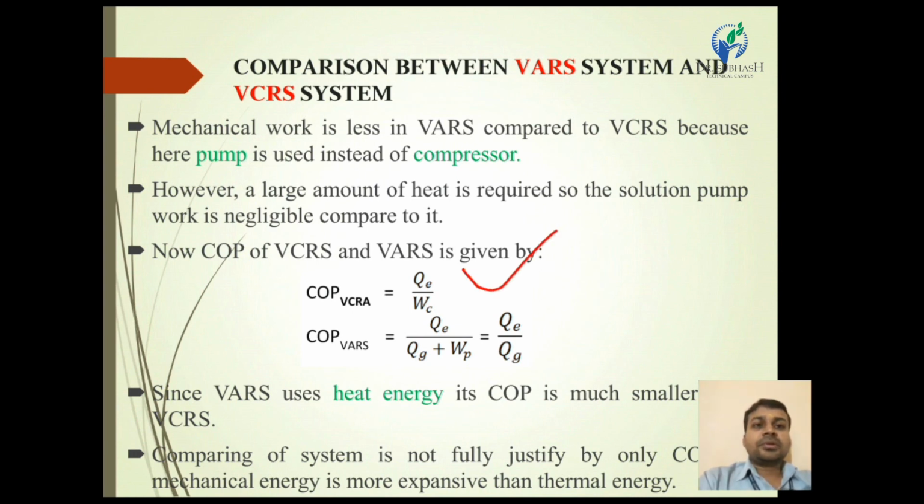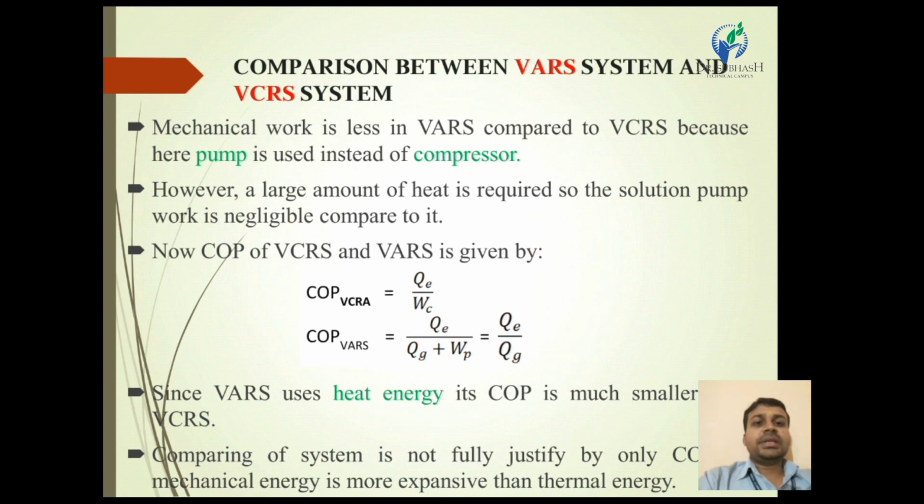For the COP of the VAR system, it is QE, the heat absorbed by the evaporator, divided by the heat supplied by the generator plus the work of the pump. Combining these, the pump work is very low and we neglect it. The final equation is the heat absorbed by the evaporator divided by the heat supplied to the generator.